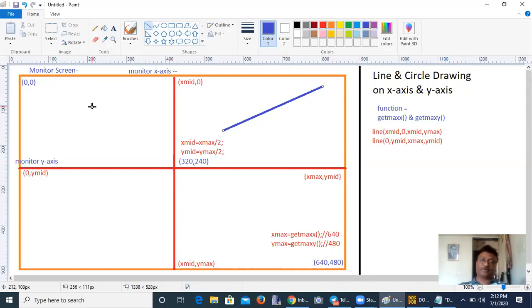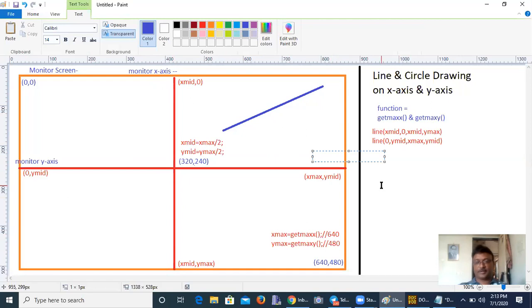Suppose in the second quadrant, that is minus, plus, minus, minus, plus, minus. So this is your x plus, x minus, y plus, y minus. Correct? Suppose I am writing it like this: your x plus value in this direction.